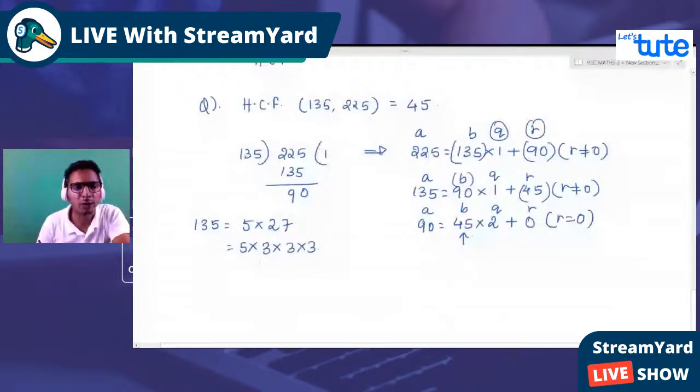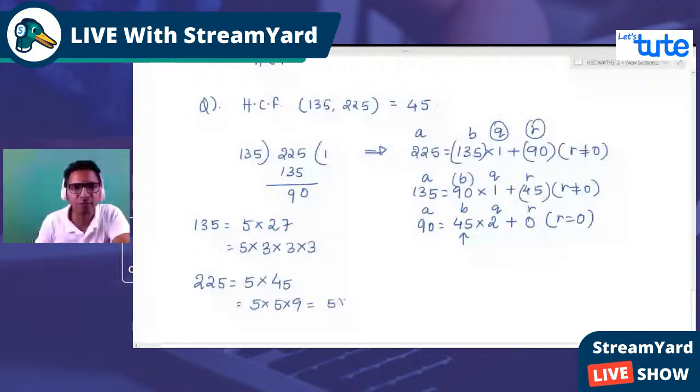Let us continue the process for 225. In this case we get 5 multiplied by 45 is 225. And 45 is 5 multiplied by 9. So we get 5 multiplied by 5 multiplied by 3 multiplied by 3, because 9 is 3 multiplied by 3, right?